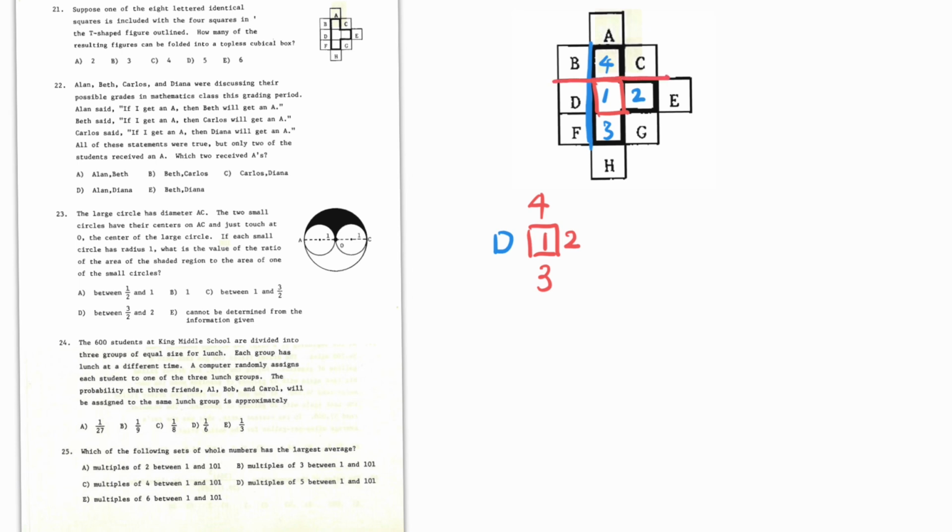When the 4 folds up, we then fold the B back. So that means that we can use B. The same thing, we can use F. So if we use 1 as the base, the left side can use B, D, F, and can fold with 3, the topless box.